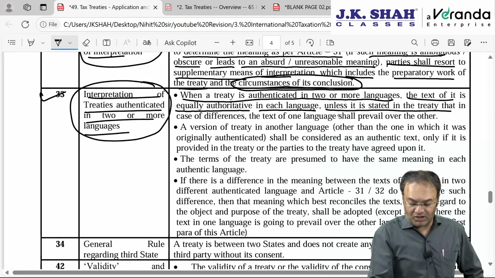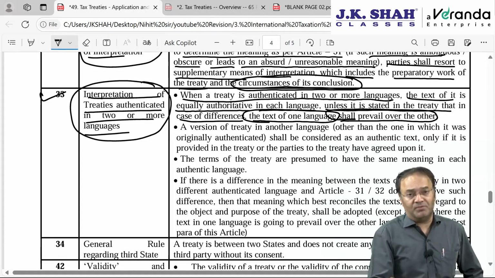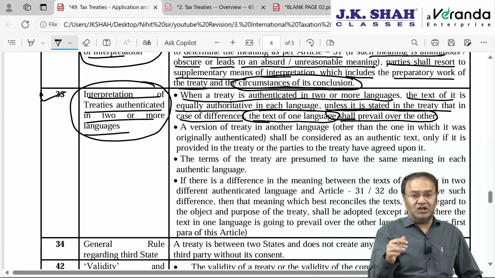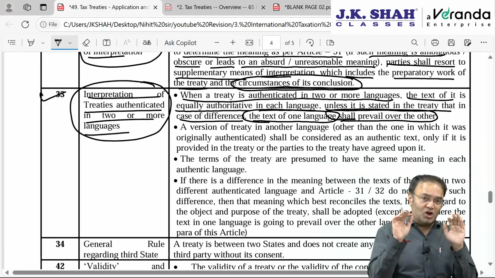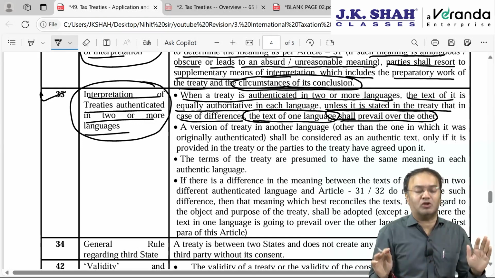Unless it is stated in a treaty that in case of differences or disputes, the text of one language shall prevail over the other one. In case that is clarified, then the treaty in that particular language will supersede. Otherwise, the treaty in both the languages which are originally authenticated will have equal authority.